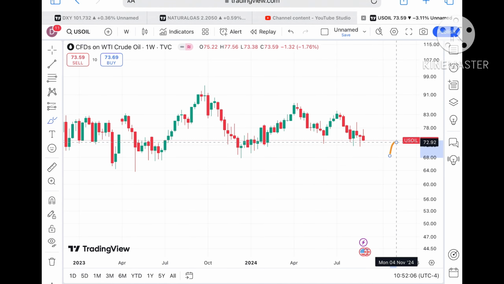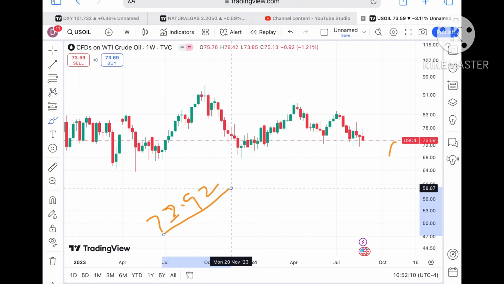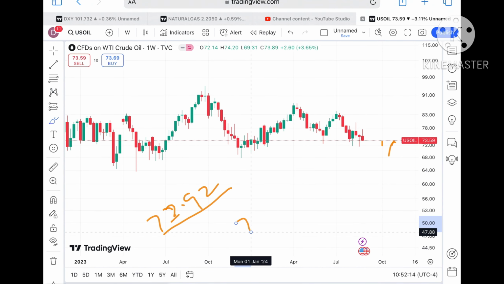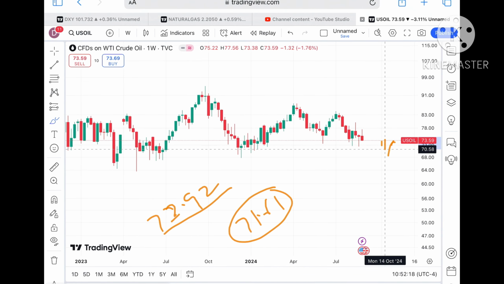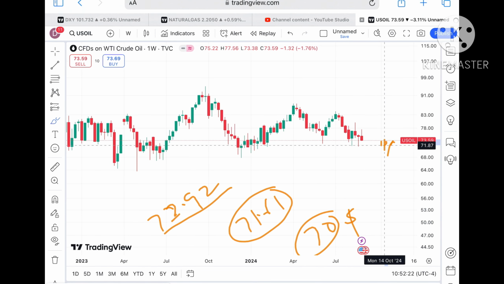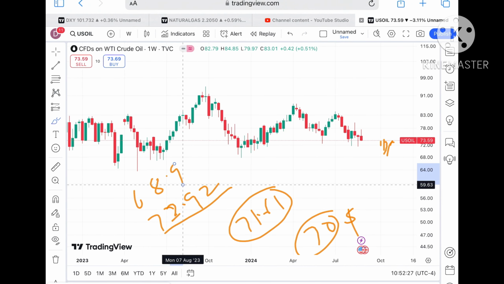Suppose the price doesn't sustain; the probability is high that it will not sustain and can go towards $72.92, and once it starts falling below this level, chances of crossing a level of 71.61 will be there. As soon as the price falls below 71.61, we can see it will touch a level of $70. And if that doesn't sustain, a further fall we can see towards a level of 68.9.